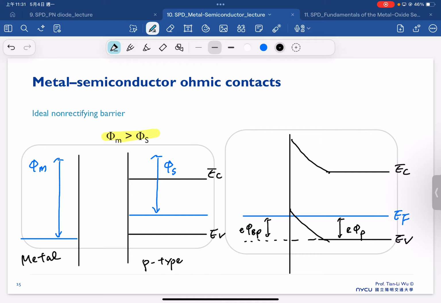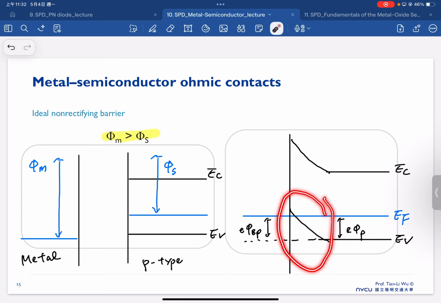So, similarly, in this case, we will find out that at this interface, this becomes more p-type, because your Fermi energy is close to the EV, even below the EV.